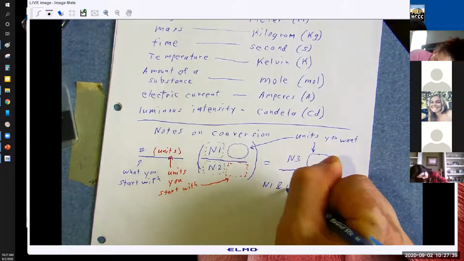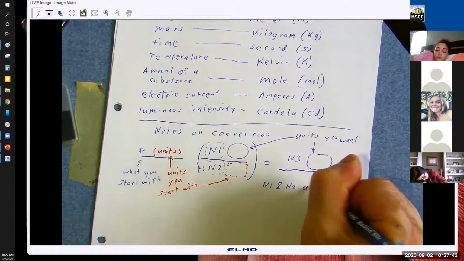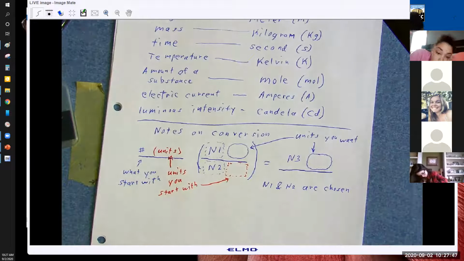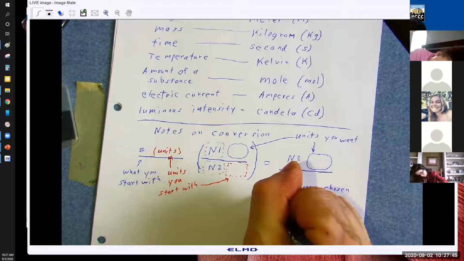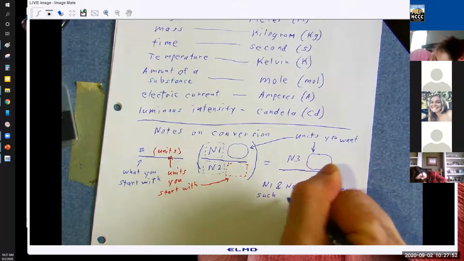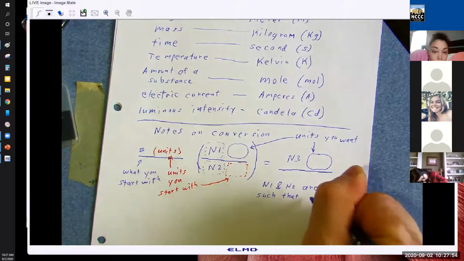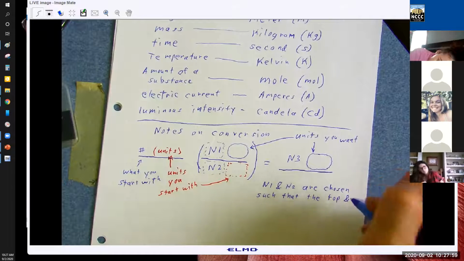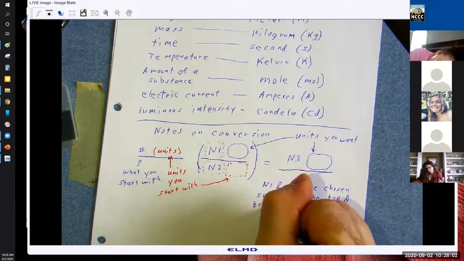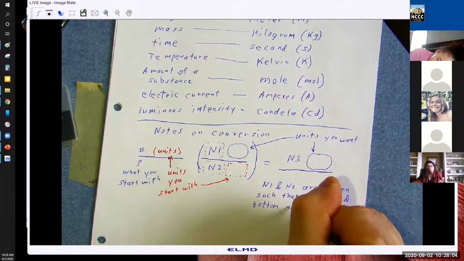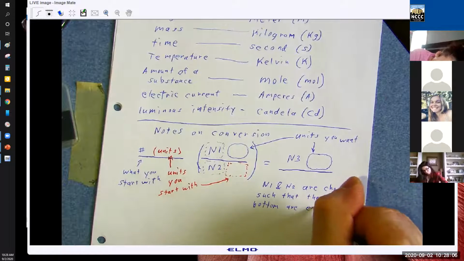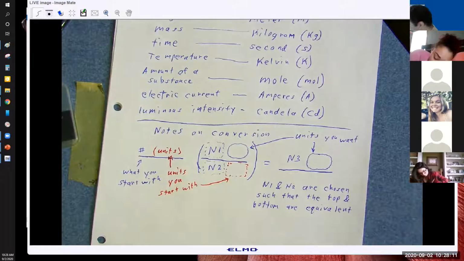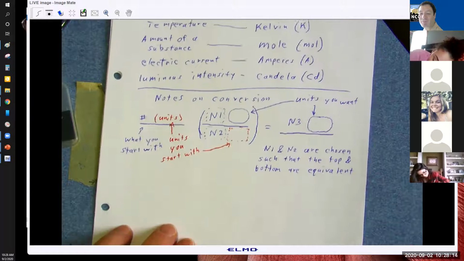N1 and N2 are chosen such that the top and bottom are equivalent.